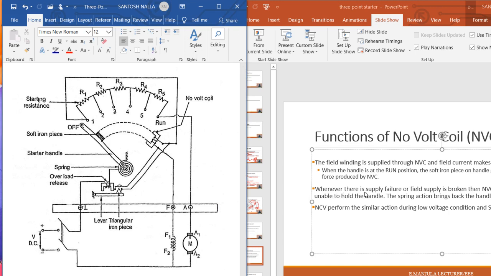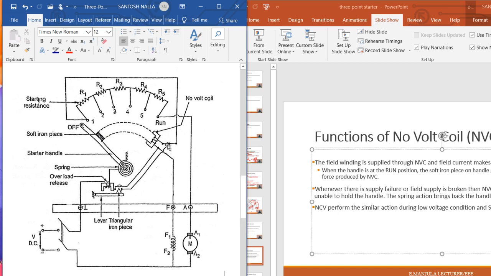So whenever there is a supply failure, field supply is broken. The NVC loses its magnetism and is unable to hold the handle. The spring action brings the handle back to the off position.